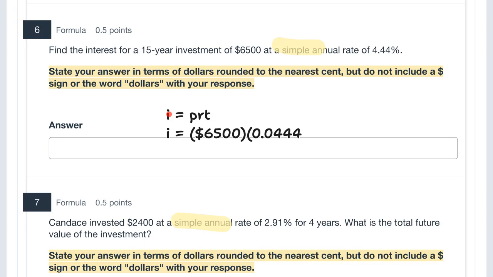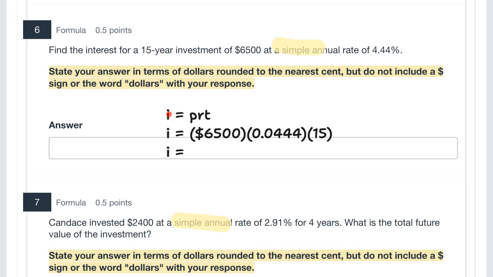A lot of fours in this quiz, right? Or times 15. So I is equal to, grab a calculator, 6,500 times 0.0444 times 15, 43.29.